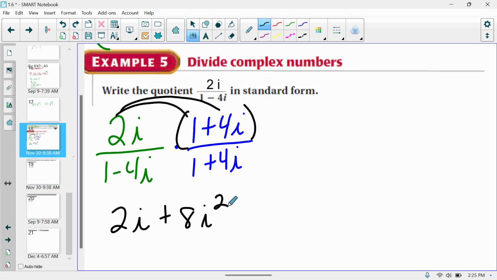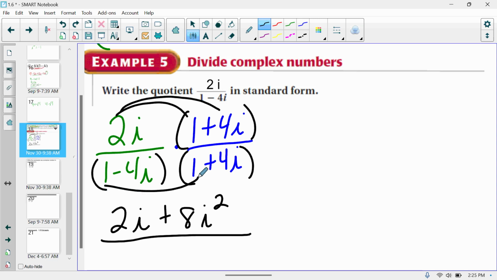Because it's 2 times 4 and i times i. Down in the denominator, this is FOIL, right? 1 times 1 is going to give us 1. Outer, 1 times 4i is positive 4i. Inner, negative 4i times 1 is negative 4i. And last, negative 4i times positive 4i. So again, think of it in parts. Negative 4 times positive 4 is negative 16. i times i is i squared.